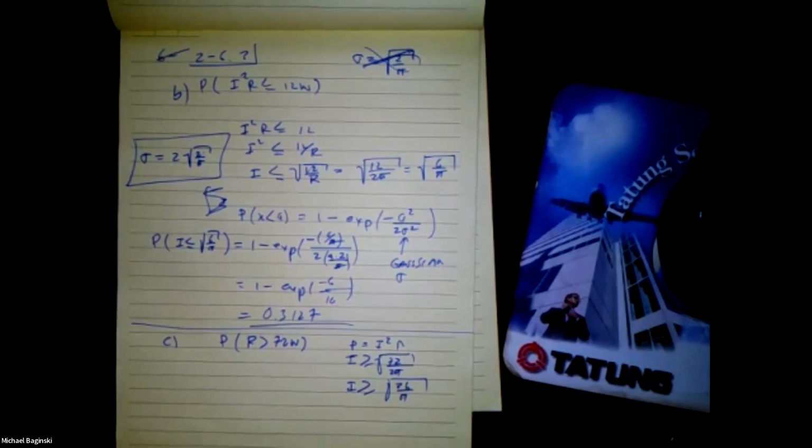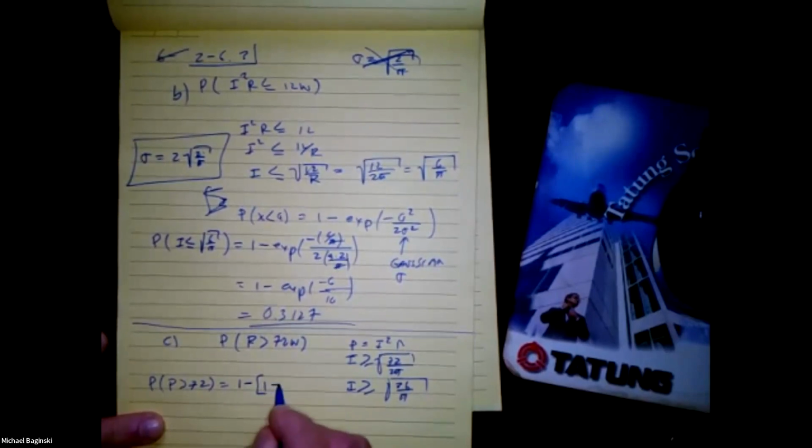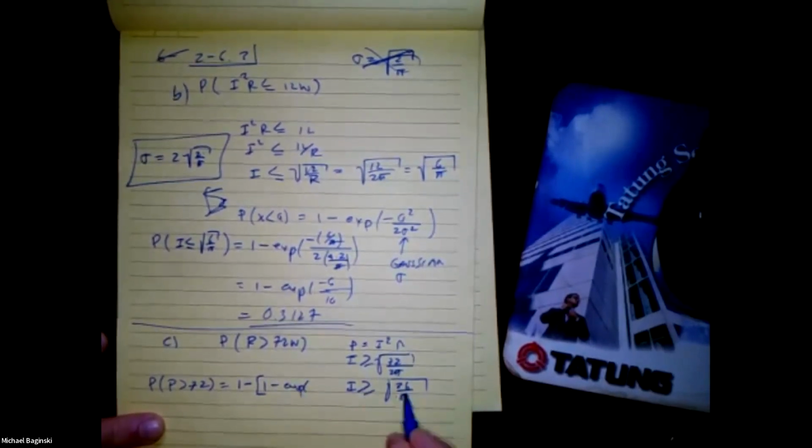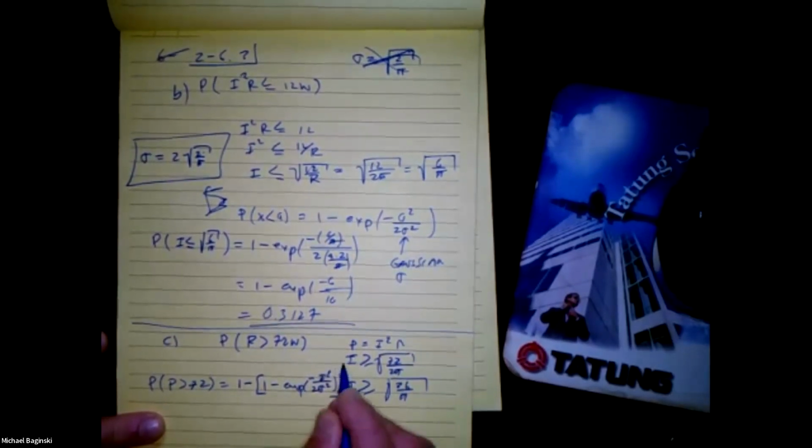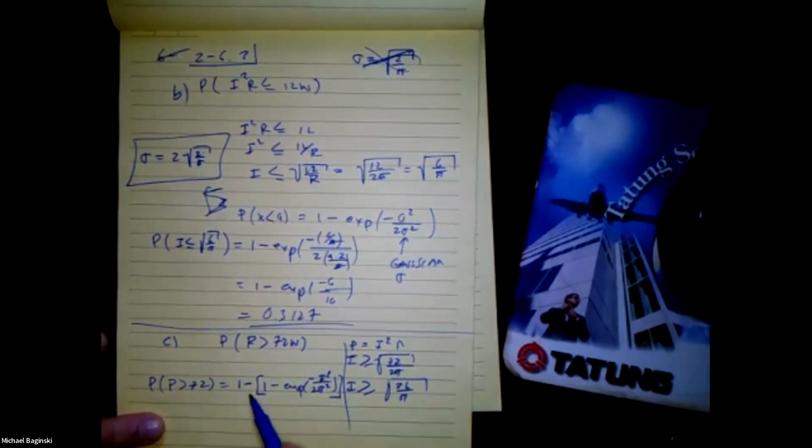Now, if it's greater than this, the probability that the power is greater than 72 would technically be 1 minus, exp of minus this value of I squared over 2 sigma squared. Y'all follow me? I'm just writing down the actual mathematical formula, but you can see the ones cancel.